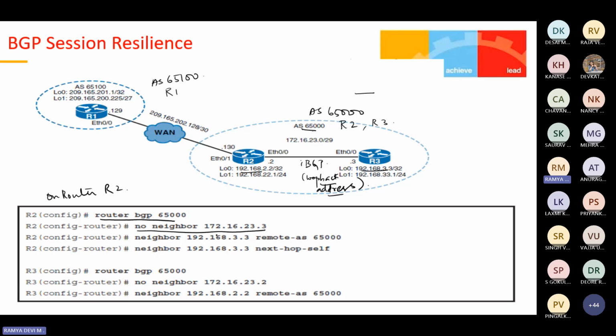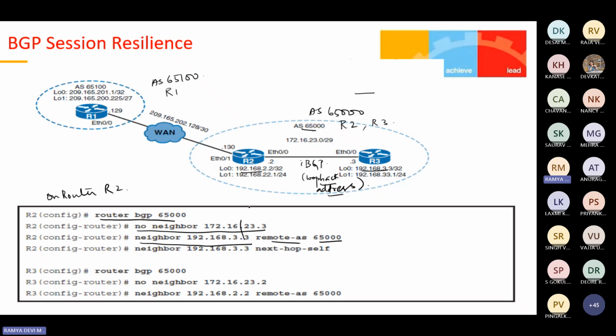This is a physical interface IP, so whatever was given already will be removed. And I'm adding a new neighbor, neighbor 192.168.3.3 remote-as 65000. This will try to establish an IBGP session with R3.